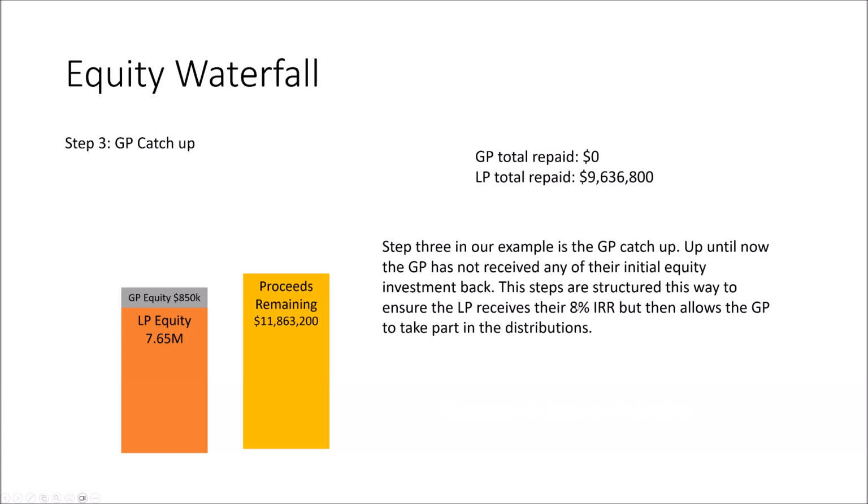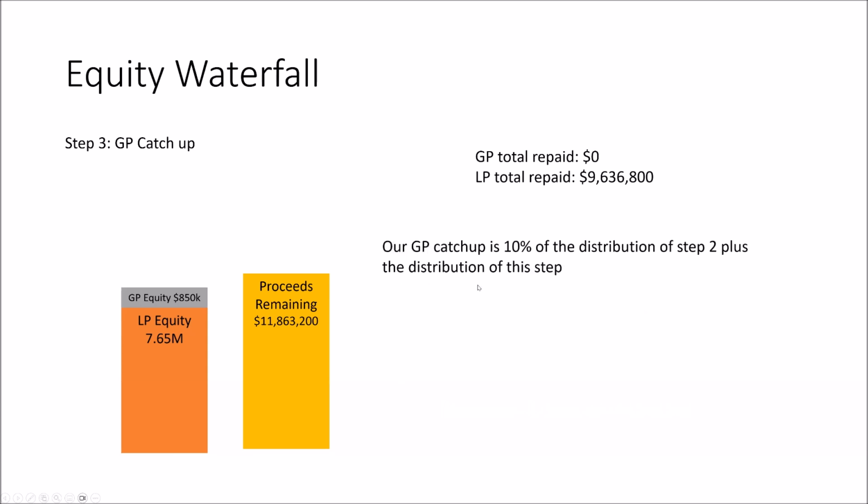So what this looks like is it's 10% of the distributions of step 2 plus the distributions of this step. It sounds trickier than it is, to be honest. And basically, it gets calculated like this. Step 2 was the 1.9.